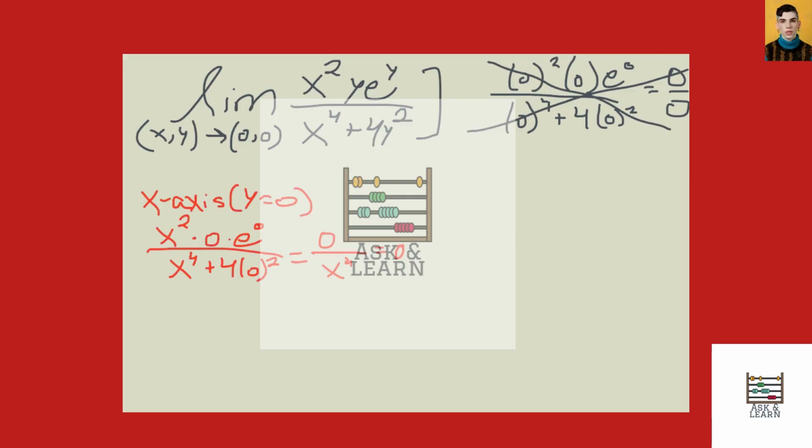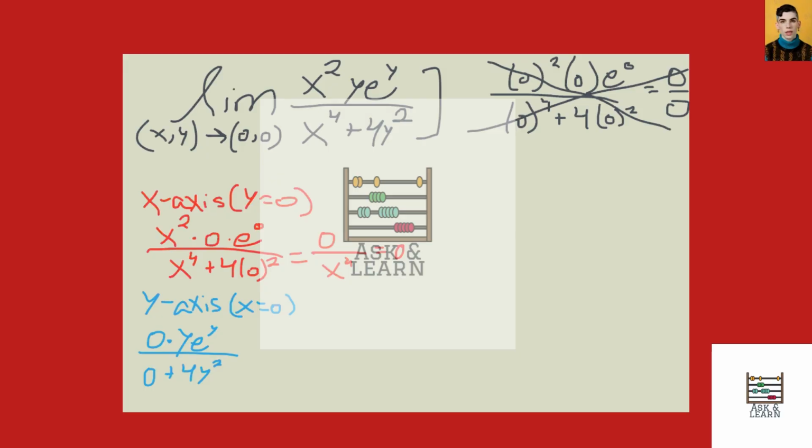Now we can try the same thing, but for the y-axis. That is when x is equal to 0. So same thing, it's 0 times y times e to the y over 0 plus 4y squared.